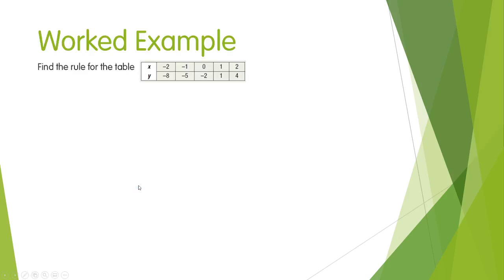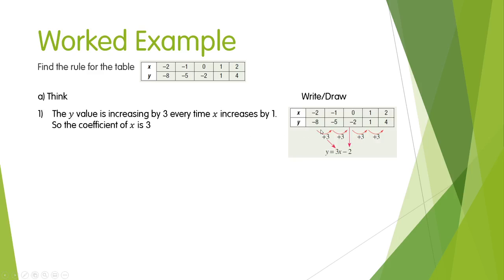So here's our first example. Find the rule from this table. So we've got a nice table. x is going up by 1. We have a 0 for x, and we have y here. So this is my thinking, this is what I write and draw. I look at this table and I can see it's counting by 3s.